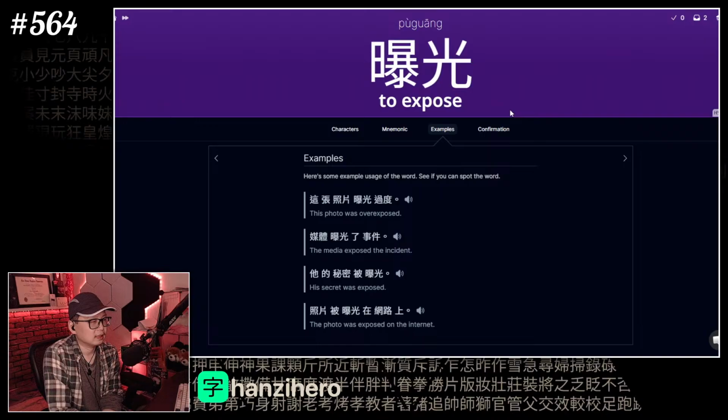照片不关something 过度。这张照片曝光过度。不关过度, overexposed. Interesting. 过度, I see that. Oh no, media.